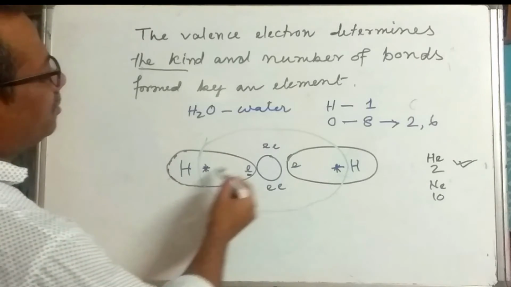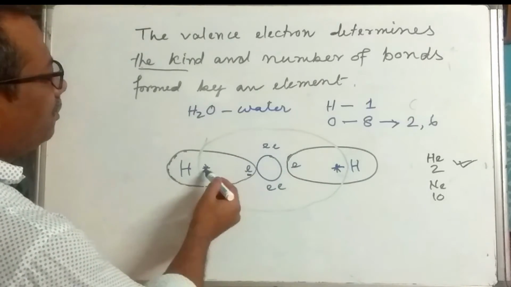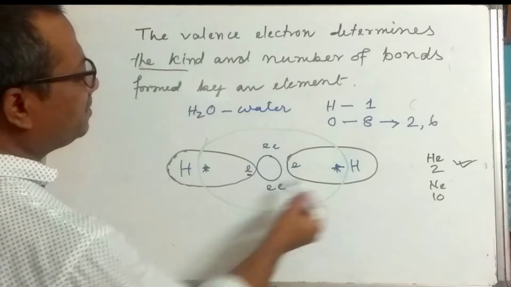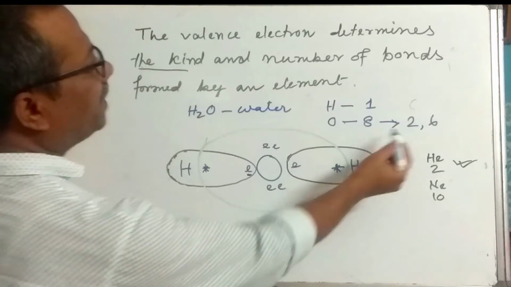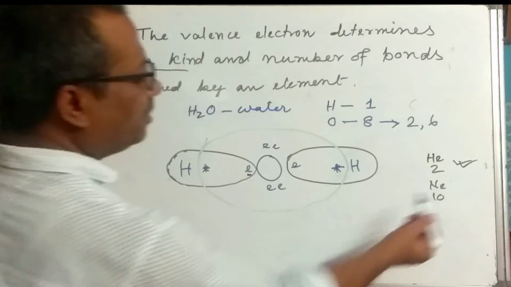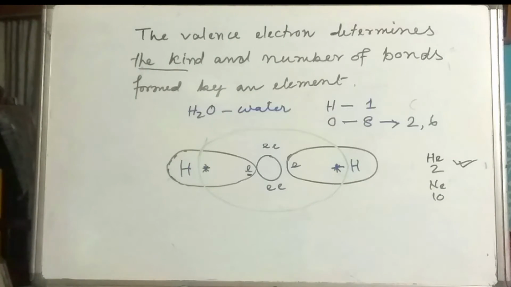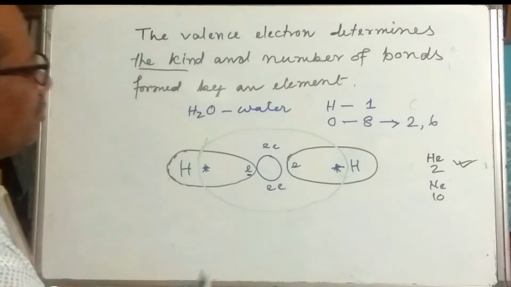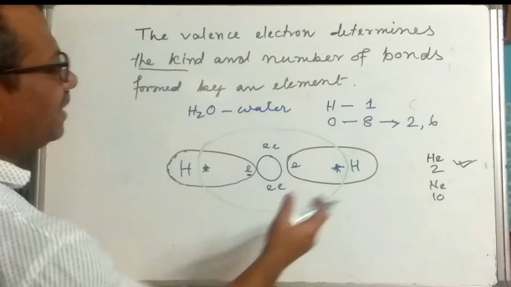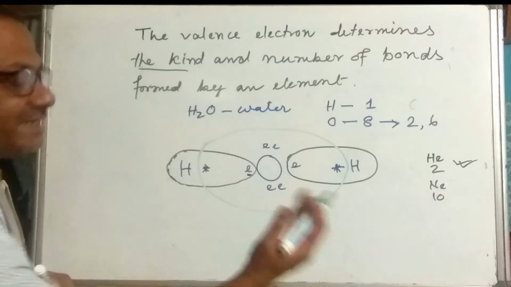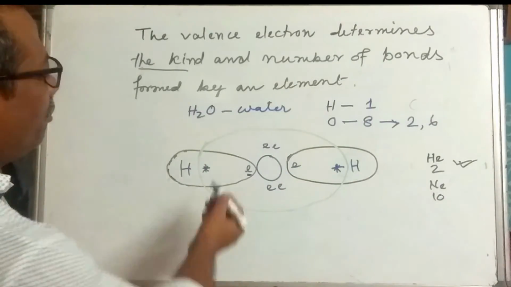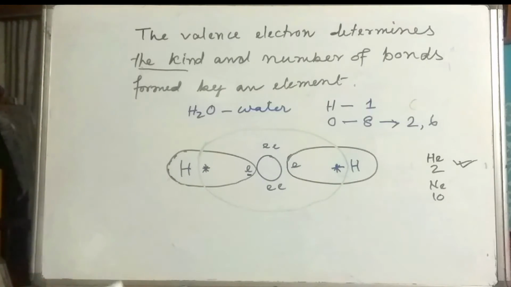Now how many electrons on the outermost shell does the oxygen have? 2, 4, 6, 8. 8 plus 2, 10. That means it attains the electronic structure of neon. So both are satisfied. That means oxygen and hydrogen are sharing their electrons and form 2 bonds.